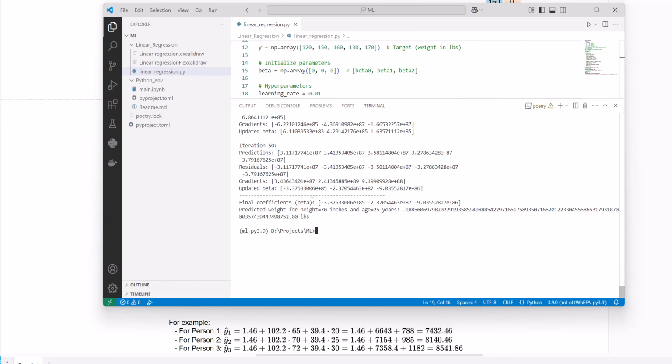And if you see here, I have now the alpha and beta. So these are the final beta parameters.